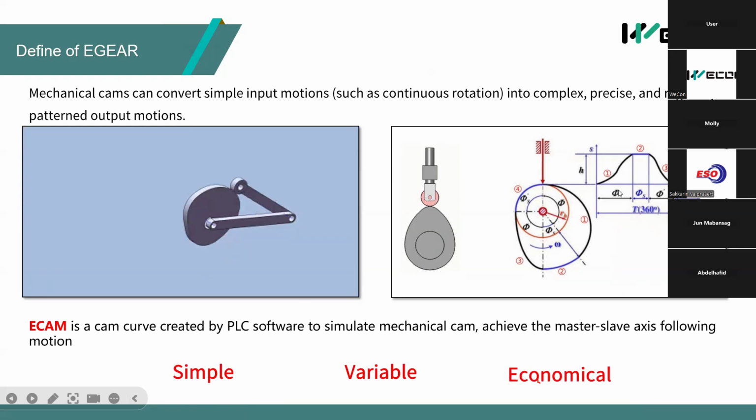First, it's easier to design the Ecam curve rather than design the machine code cam. And the second, we can change our Ecam curve, or we can set different Ecam curves in one project and switch between them. And also it's more economic to use the Ecam rather than the machine code cam.